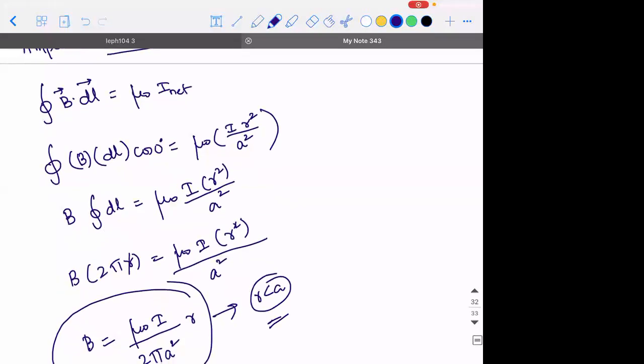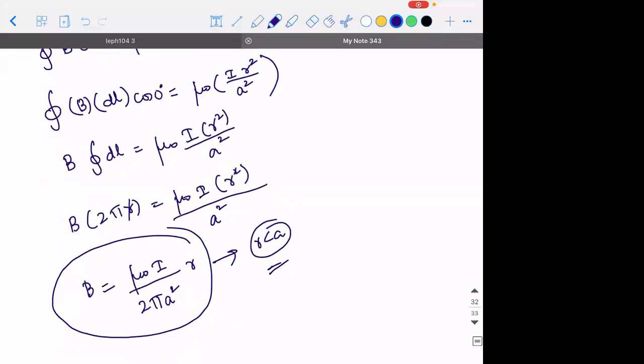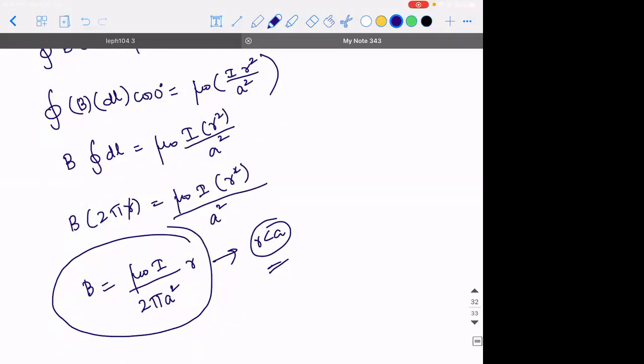Is everyone clear? Is every step clear? See, this is an often asked question. Please make sure that you're clear with every step.